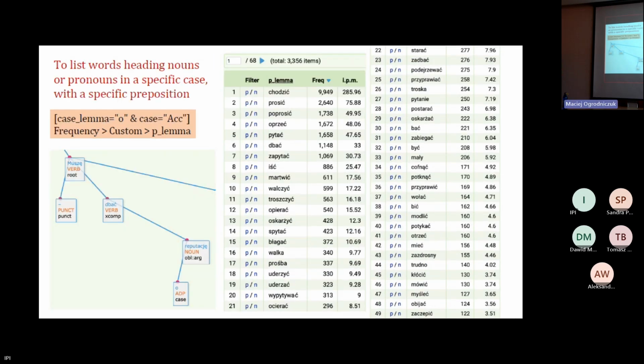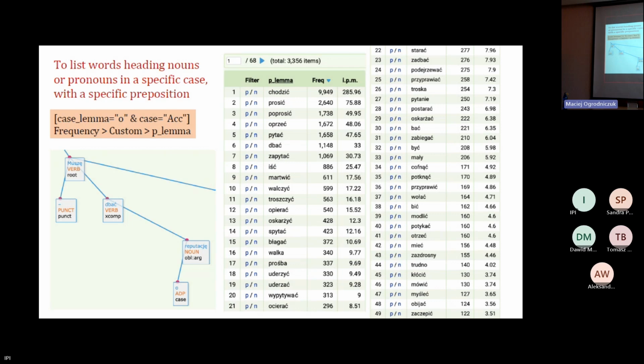Now it can even be more interesting if you want to ask for these oblique arguments or oblique dependents. So if you want to ask for something like muszę dbać o reputację, so if you want to find all nouns that can be preceded by this preposition o and are in accusative, it would give you... No, actually, I'm asking about the parent of this.